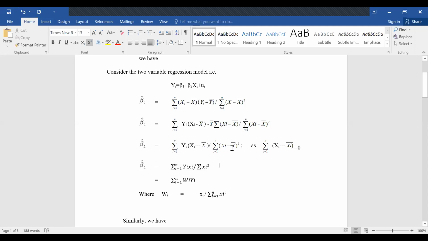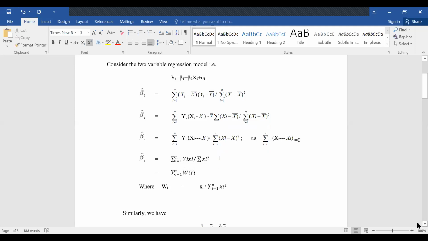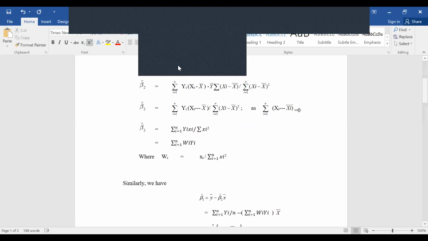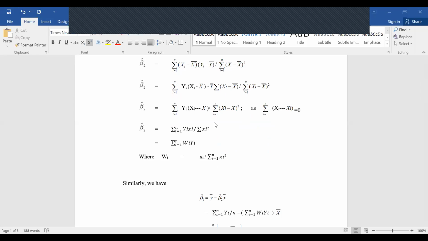Similarly, in the denominator we again have xi minus x bar, so we put small xi there. The above term can be written as summation yi small xi divided by summation small xi square. So beta 2 hat has been expressed in the deviation form.